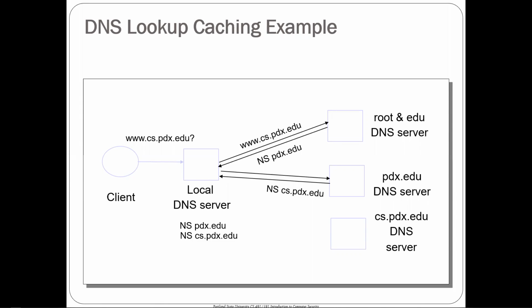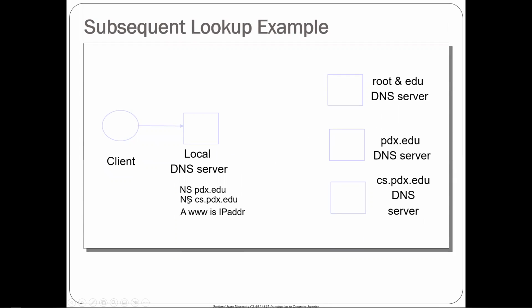And then when I look up www.cs.pdx.edu, I get the authoritative record as the A record, and then I'll also cache that. So now these three records are in the local DNS server, so that when I do a subsequent lookup, say I want mashimaro.cs.pdx.edu, this local DNS server has the authority for cs.pdx.edu already.